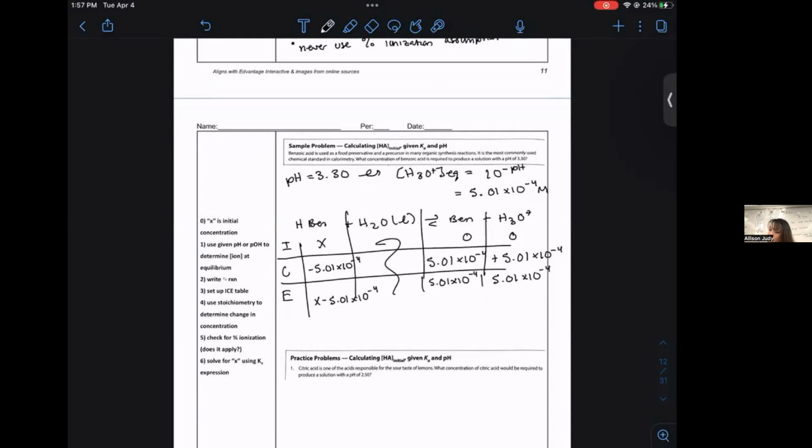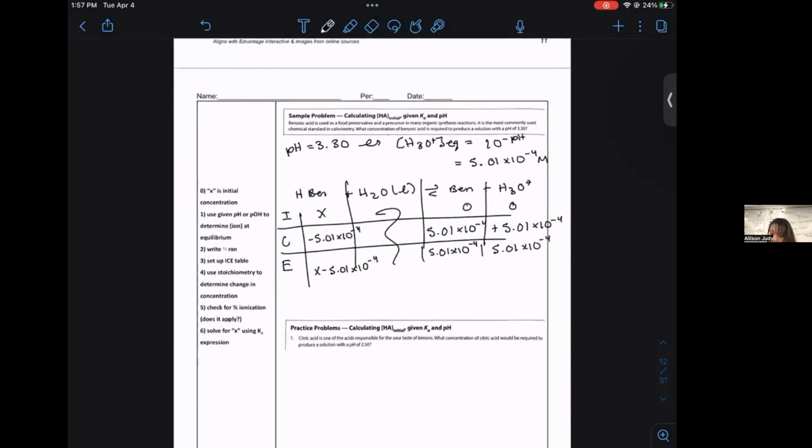And so what I do then is I simply plug this into my Ka value. My Ka here, which you would look up or be given in a table, is 6.5 times 10 to the negative 5th, which is equal to, I just plug it in, my two products multiplied by one another, so 5.01 times 10 to the negative 4th squared, because it's multiplied by itself, all over x minus 5.01 times 10 to the negative 4th, because that would be my reactant concentration on the bottom.